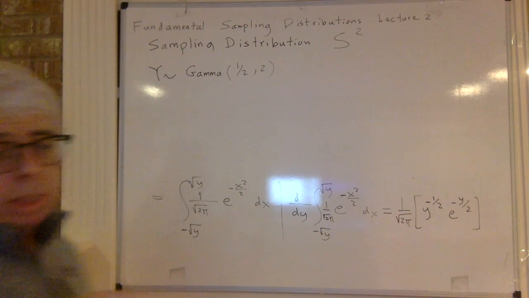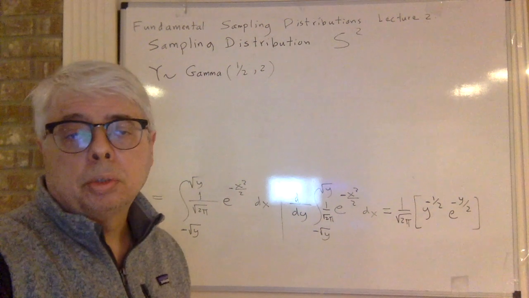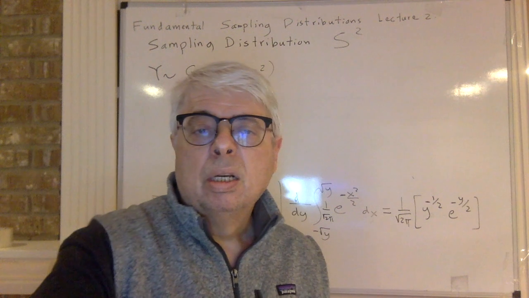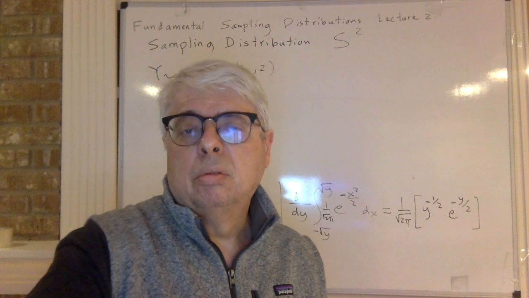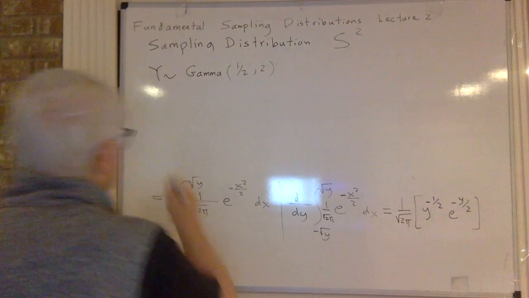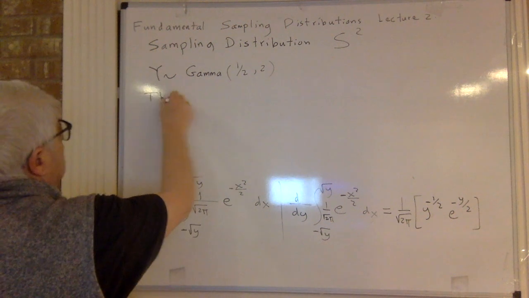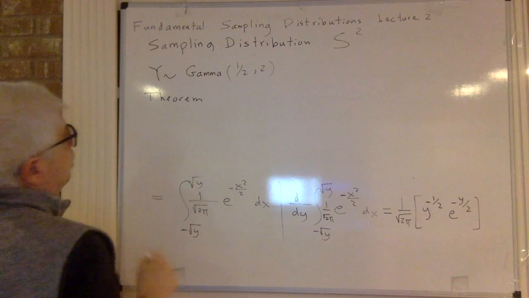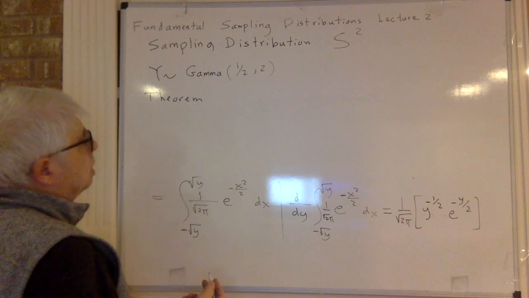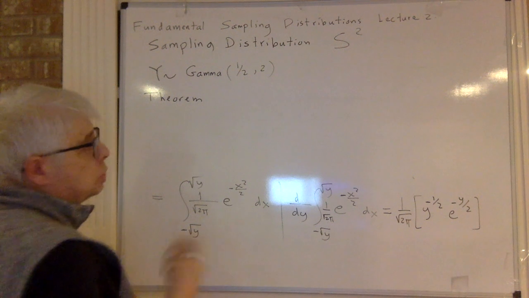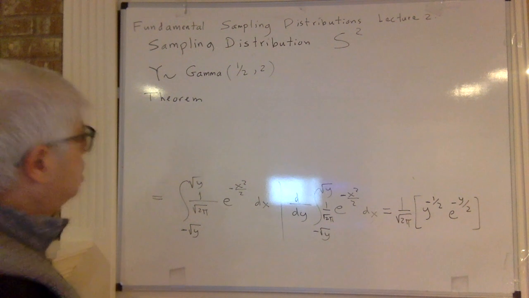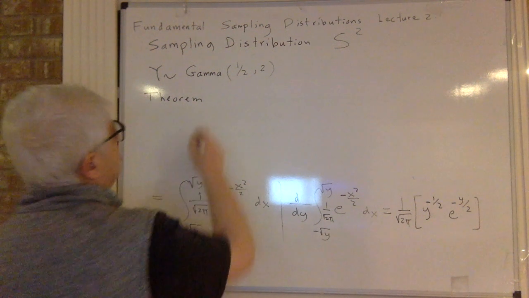So what happens when we find S squared and we have lots of them added together? That is in fact another theorem, on gamma distributions. If each y, which is x squared, has a gamma distribution, then the sum is a sum of gamma distributions. So we want to see what the sum of gamma distributions is.